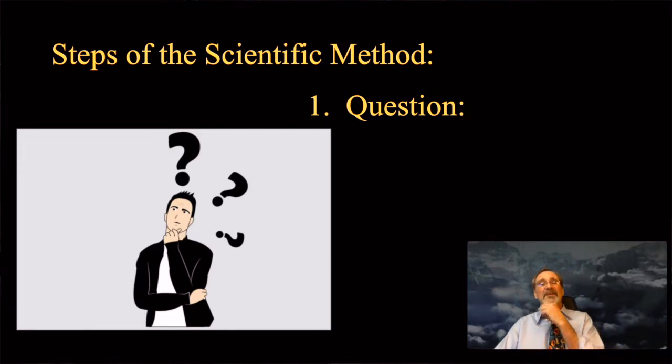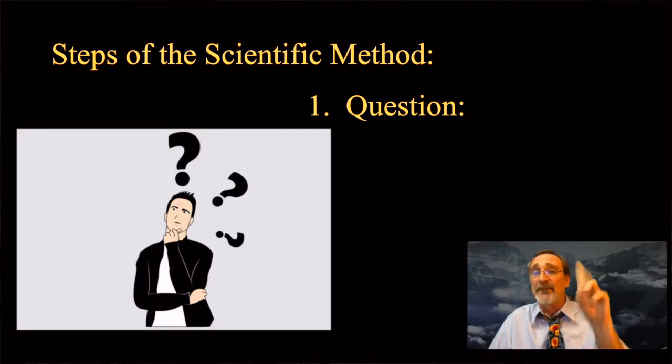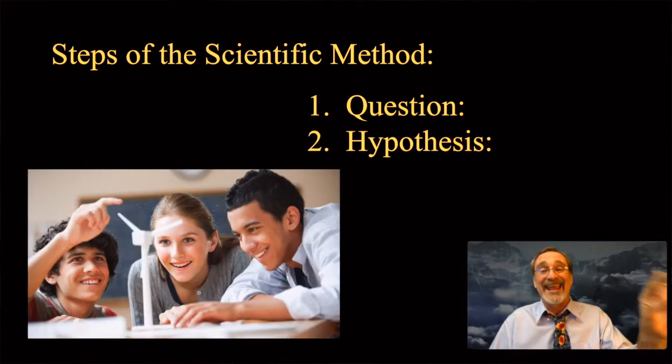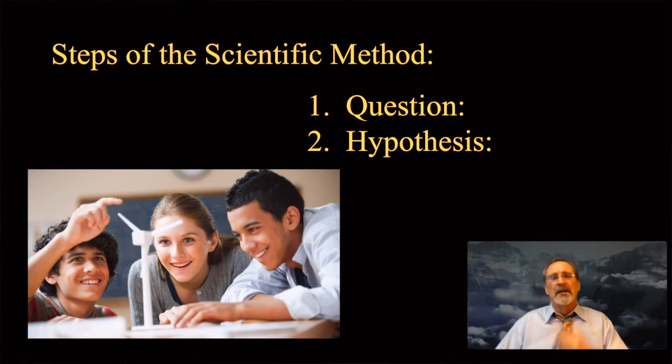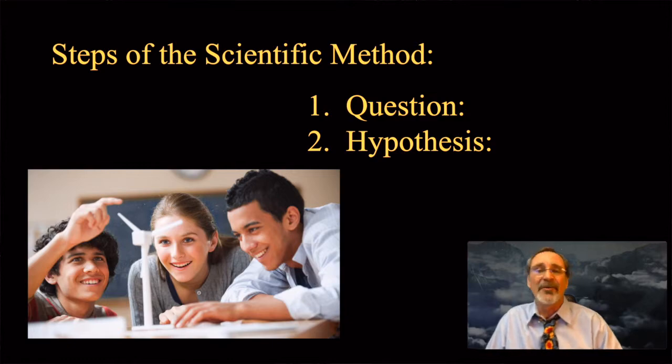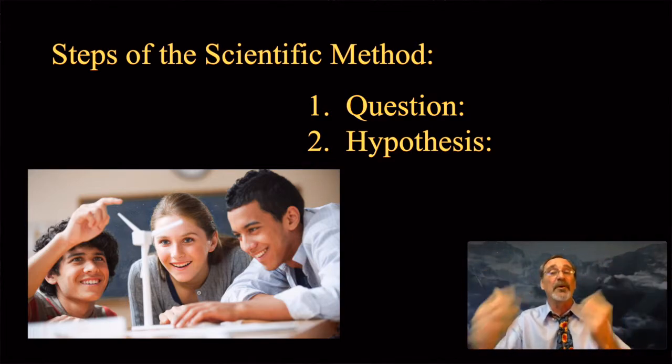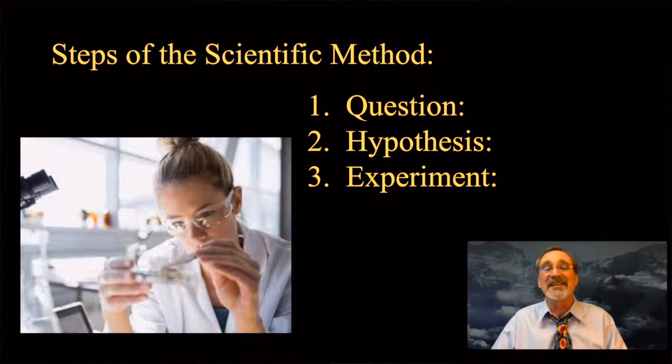And now you have an idea about what the answer probably is, and that's called a what? Hypothesis, that's correct. Now you have a hypothesis, which is what you think the answer probably is, but now you have to find out if you're right or not. And so coming up with something designed to test that hypothesis is called an experiment.